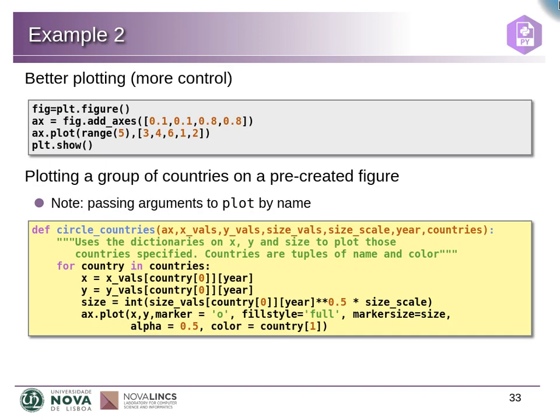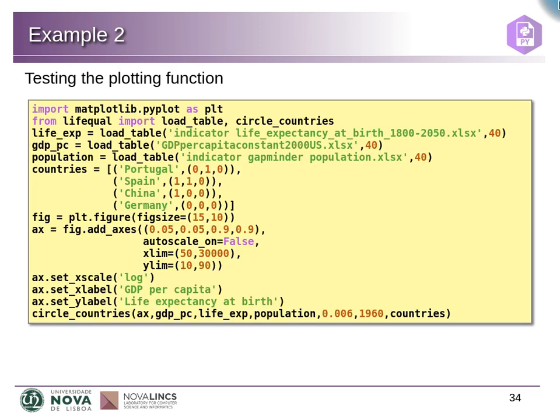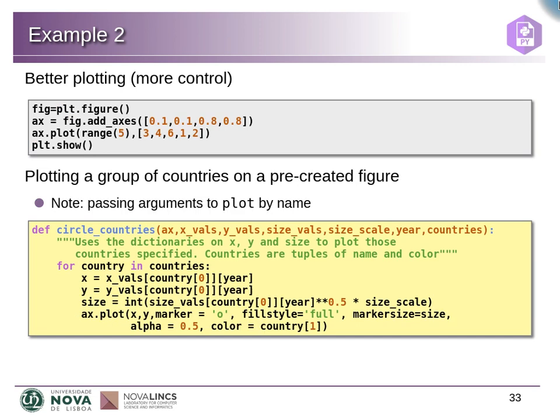So now we're going to draw them. For each country, we're going to get the X, the Y, and the size values for the plot by looking up the dictionary. We need to look up the country name and the year in each dictionary. The country name will be the first part of this information for the country. So basically, we use the country name and the year, and we get the X, the Y, and the size.